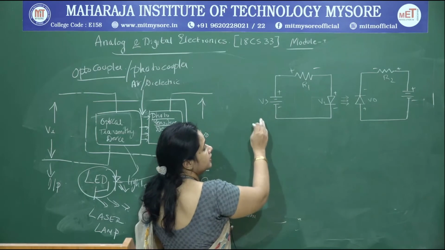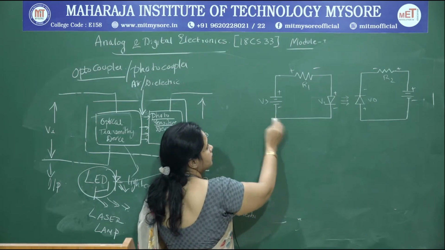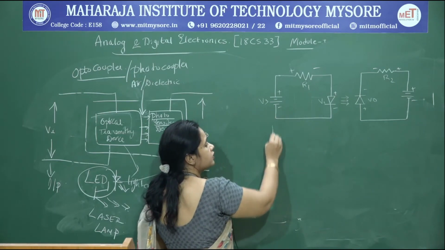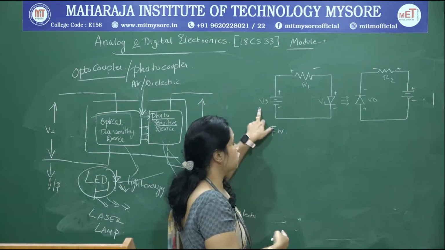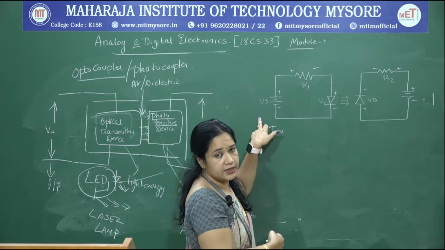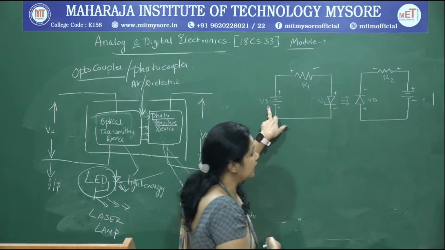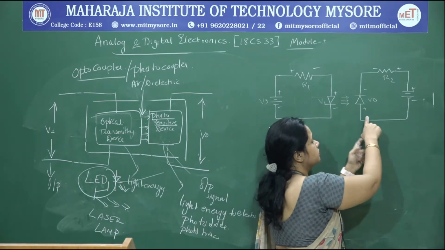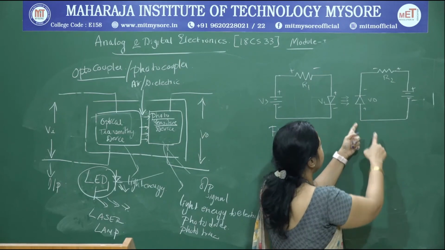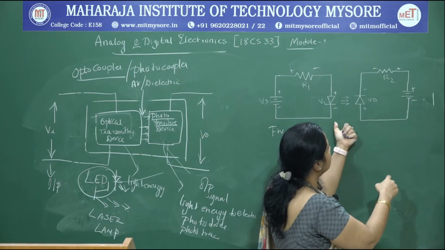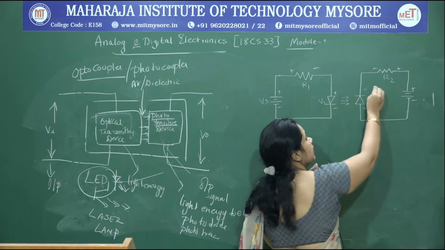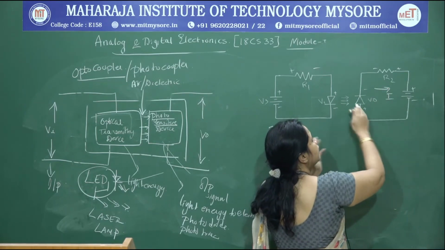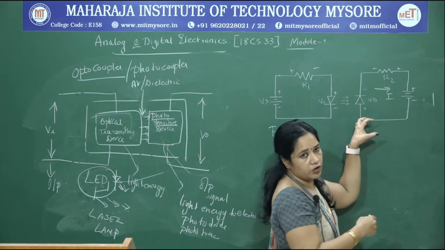So, you can see here your LED is forward biased, producing the light proportional to the electrical signal here. So, this is your input electrical signal, and your photodiode picks up this light and produces an electrical signal current proportional to the voltage or light intensity falling on it.